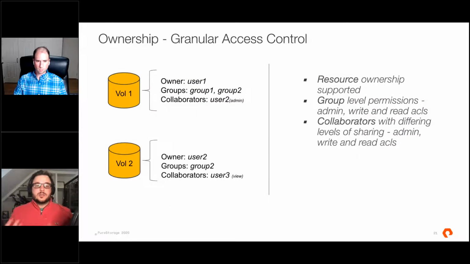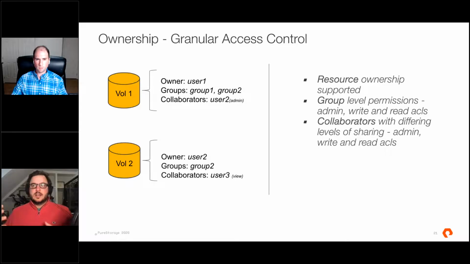The last is the ownership portion of this, and this is where users, groups and collaborators get ownership of particular resources like volumes or backups. So you may have a user that owns a volume and allows multiple groups to also partake in viewing that volume or copying that volume, right?